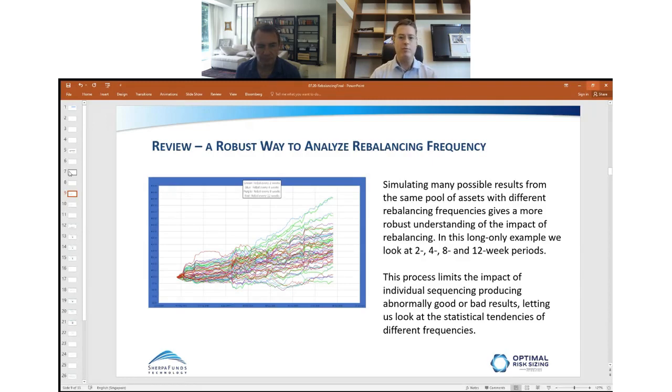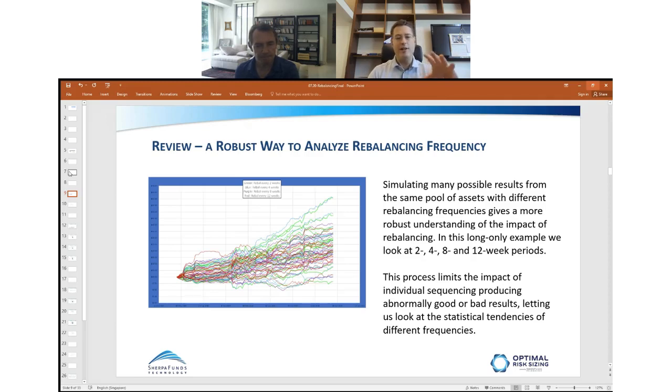And so this means that rather than looking at one particular sequence of asset selections, we can look at a number of different asset selections based on their characteristics and then see how varying rebalancing frequency impacts the results of those particular asset selections.